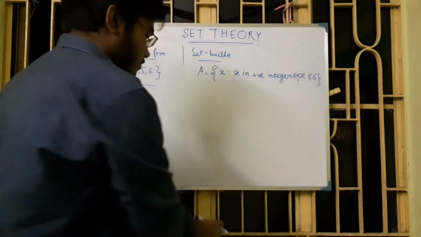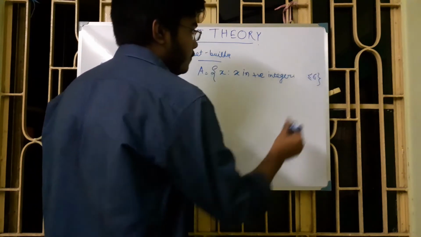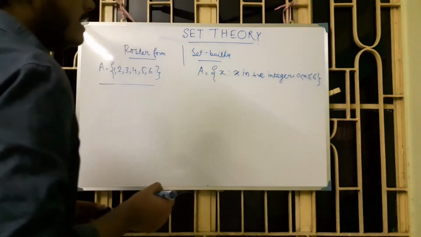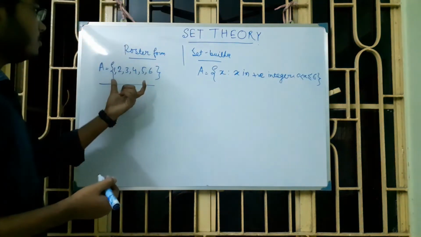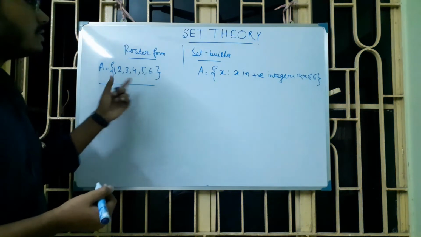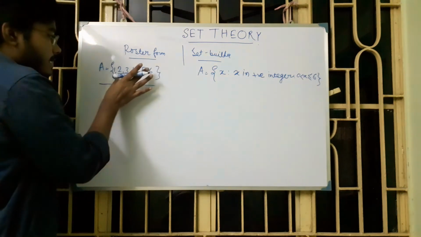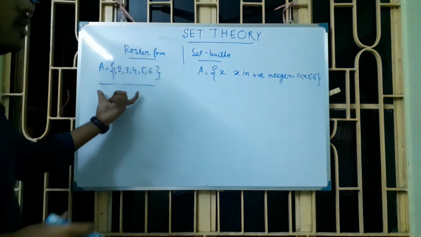If we write x greater than 0 and less than or equal to 6, then all the integers 1, 2, 3, 4, 5, 6 are present in the set. The set can be represented in this form. This is the set builder form of this set.